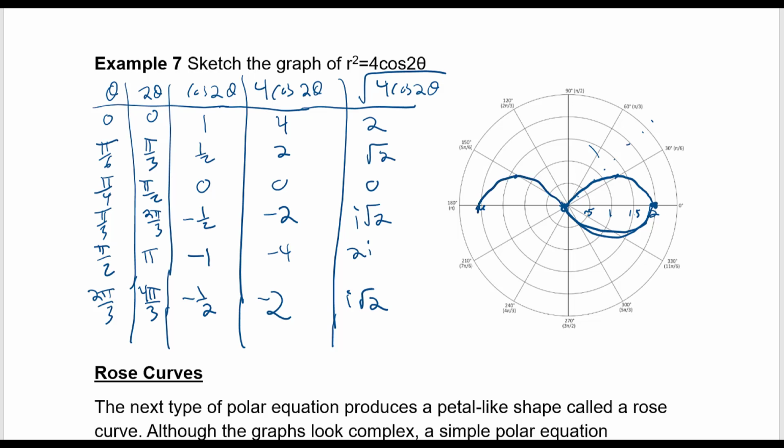So that's our shape. Now, just these values here are not going to be graphed. And we're really relying on the fact that it's symmetrical. So the symmetry helps us graph it.